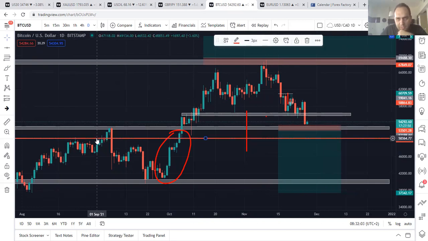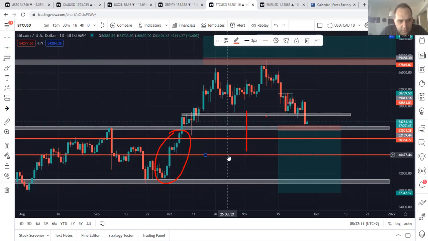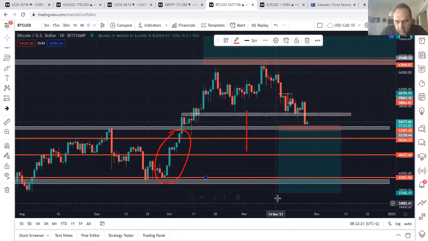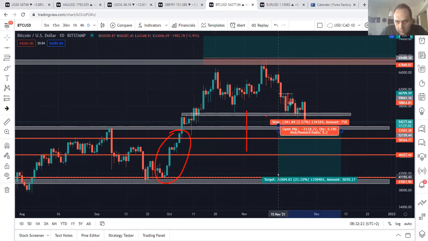TP2 50,560, TP3 will be 46,000 and then TP4 will be this level that we put here, around 41,488.